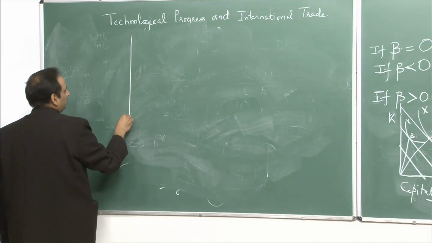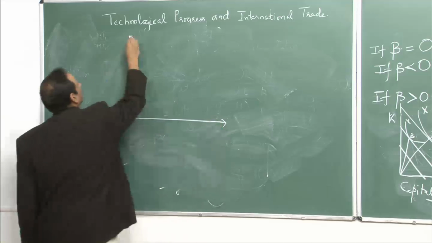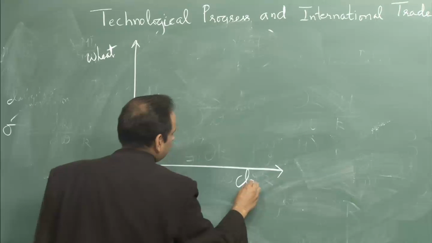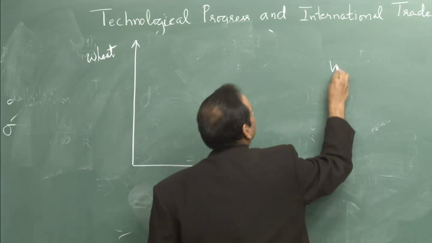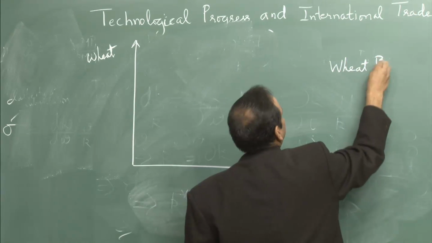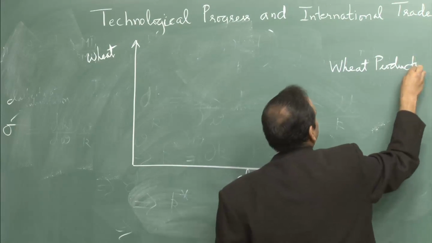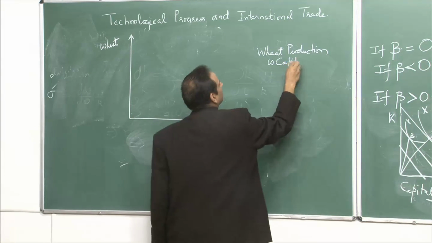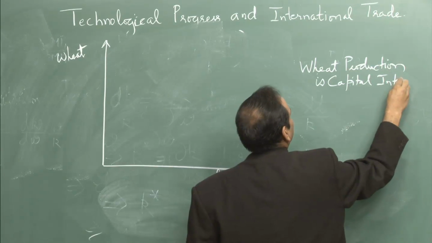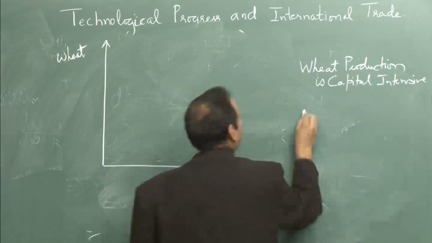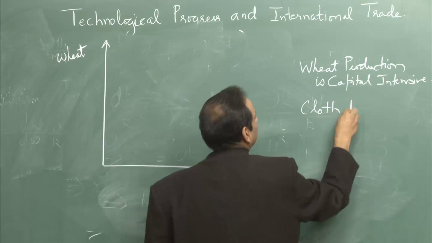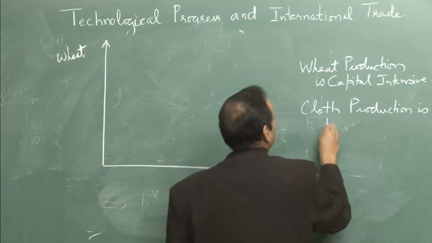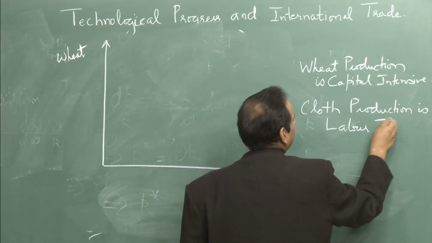So, let us assume that there are two commodities, one is wheat, the other is cloth. Wheat production is capital intensive, this is an assumption, while cloth production is labor intensive.